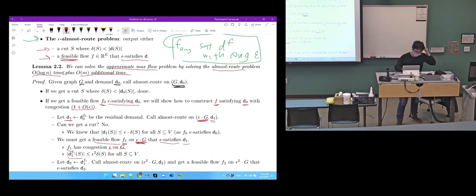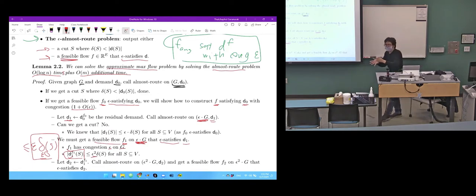It will be at most epsilon in this scaled-down graph, so in the original graph it's just epsilon squared.